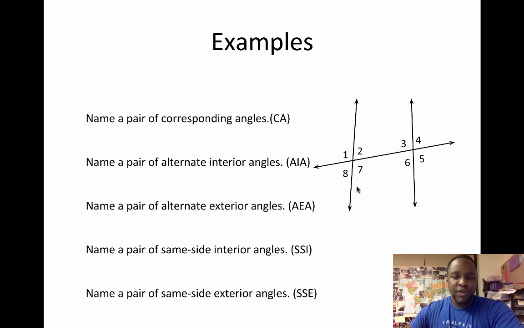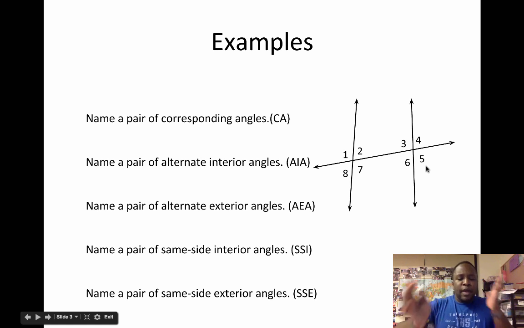Same side interior angles, so same side of the transversal, this is the transversal, and on the interior: 2 and 3 would be same side interior, as well as 7 and 6. Lastly, we have same side exterior angles, 1 and 4 and 8 and 5.